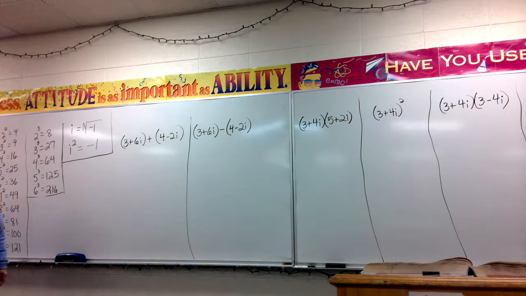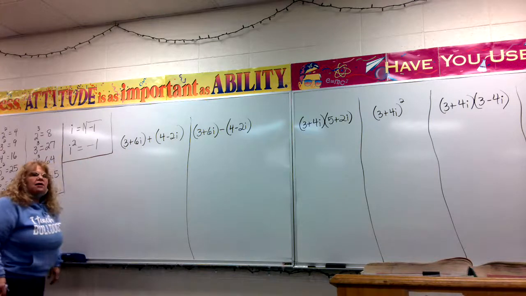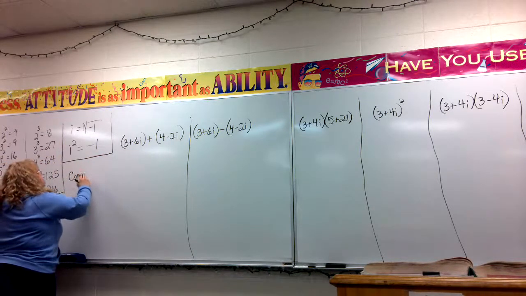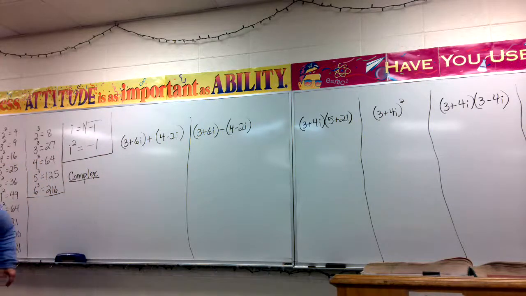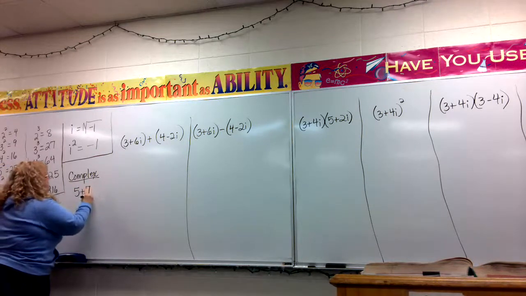And you know what imaginary numbers are. We've been looking at those in the last couple of days. A 6i and a 2i, those are imaginary numbers. Well, today we're going to talk about complex numbers. And a complex number is something like this.